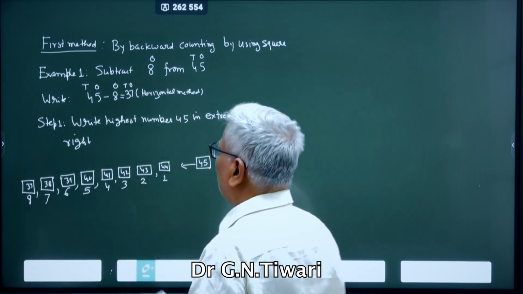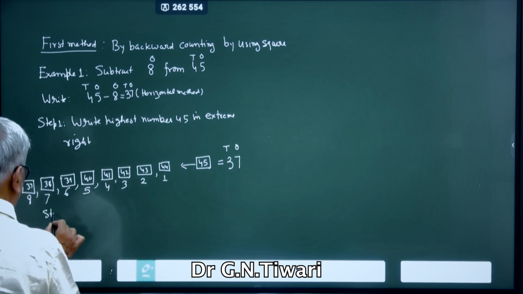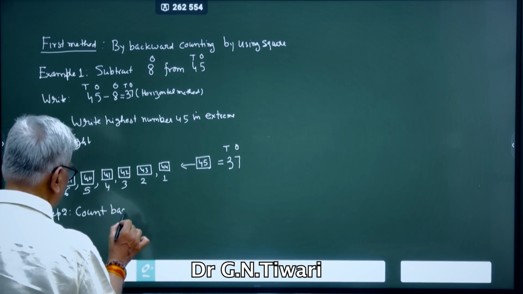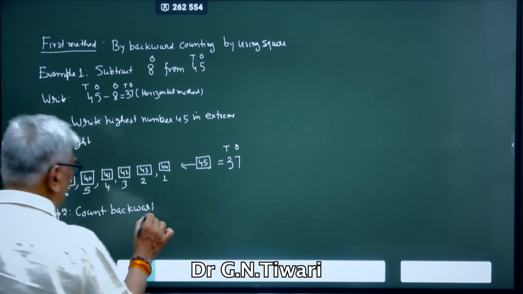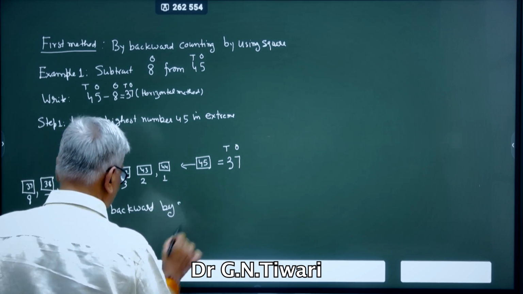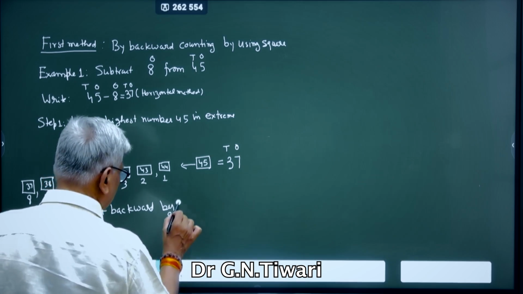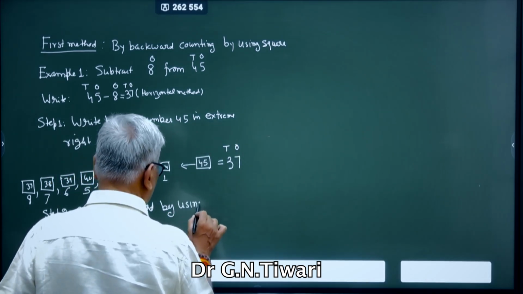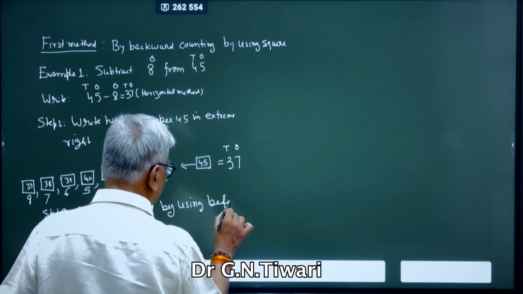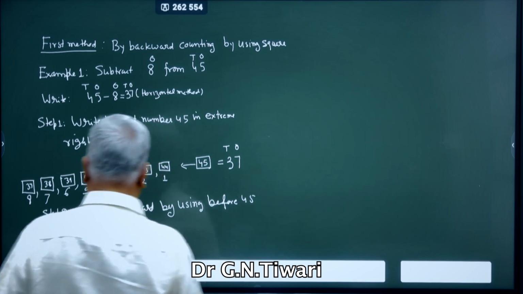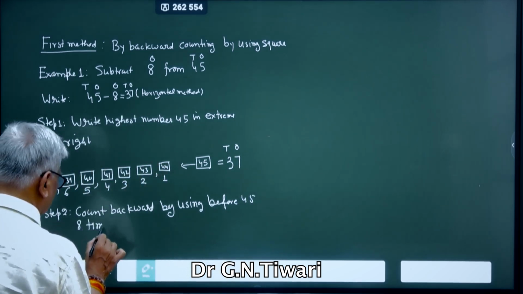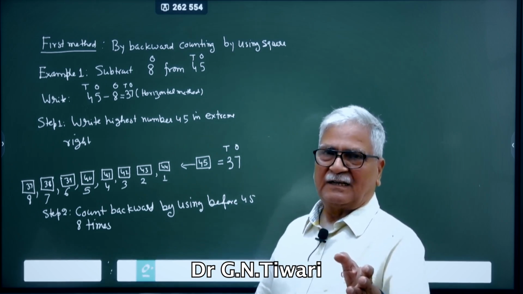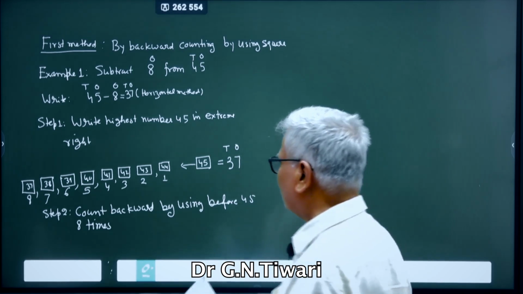That is step 1. Step 2: count backward by using, before, this is very important, 45 8 times. That means 8 times you have to do backward counting, before counting. Then you can get the subtraction, the final result.